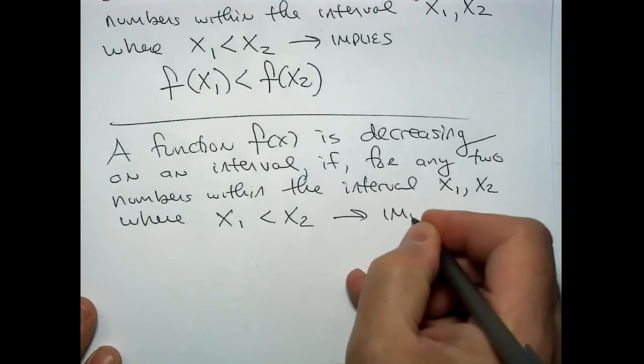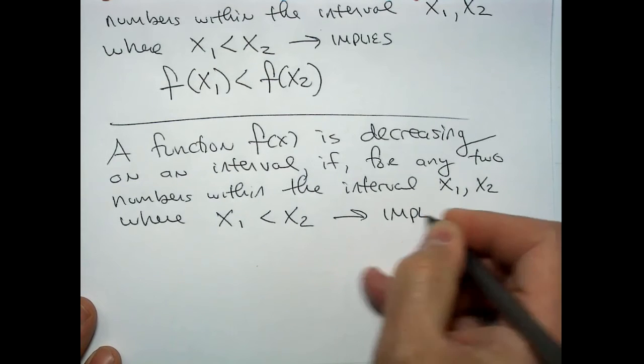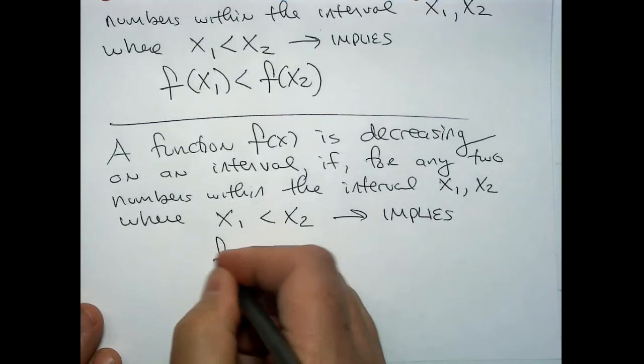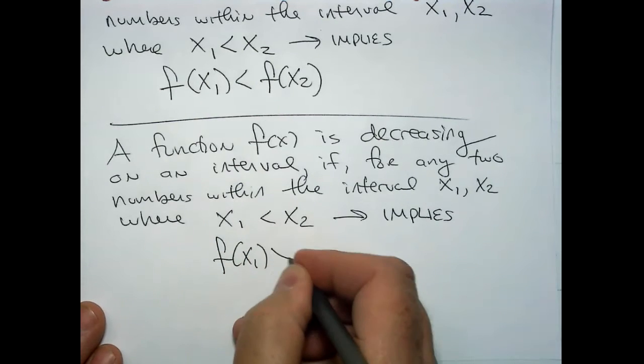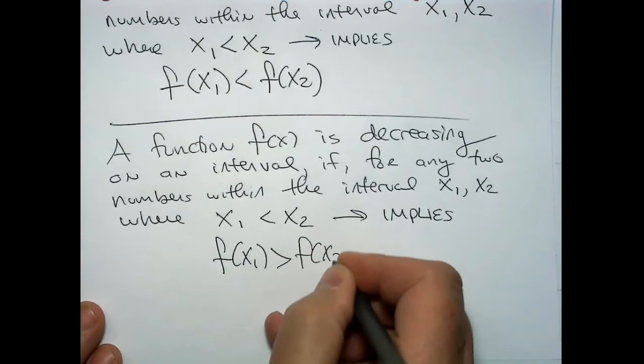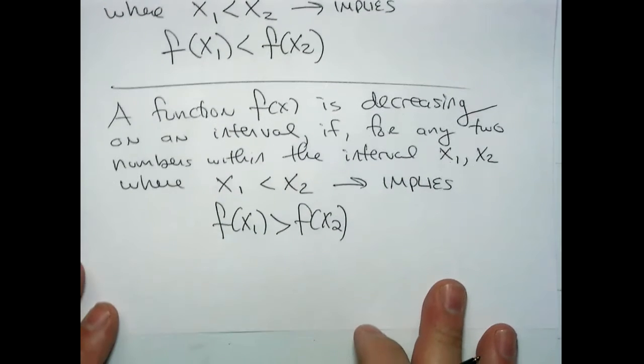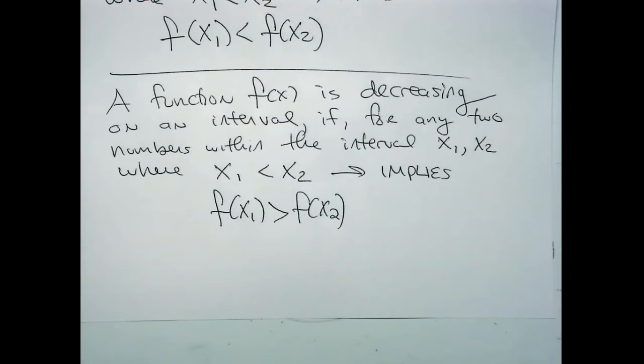This implies on a decreasing interval that the f of x1 is actually bigger than the f of x2. And that really says that as you move from left to right, we're still moving from left to right as we normally do. Now the y values are starting big and they're getting smaller. And this is throughout the entire interval, so x1, x2 can be any x values within the interval.